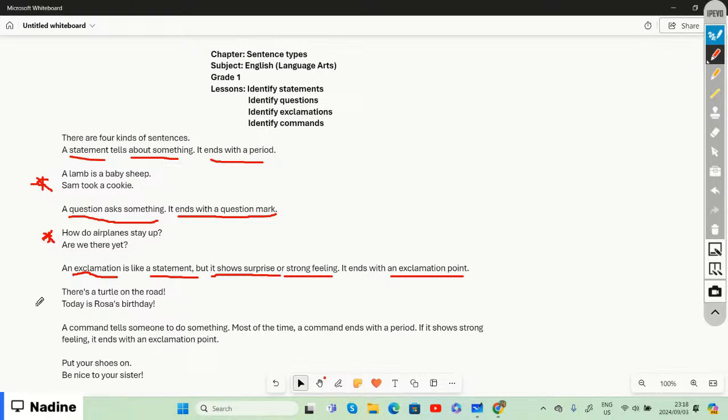The first statement says, there is a turtle in the road. So there's a turtle in the road. And as you can see, it ends with an exclamation point.